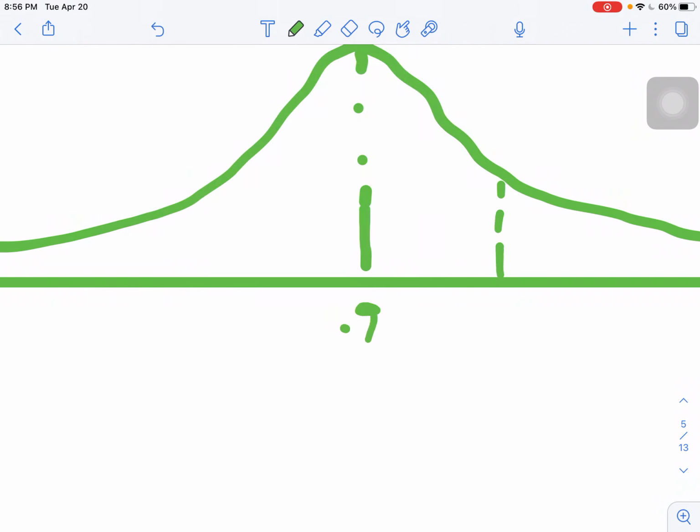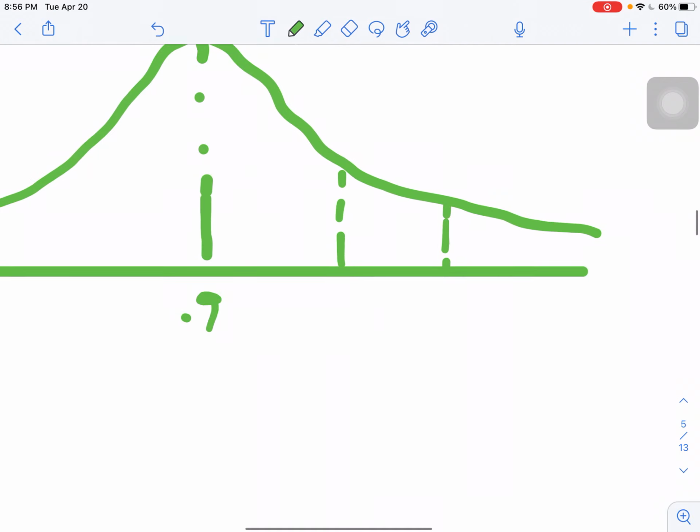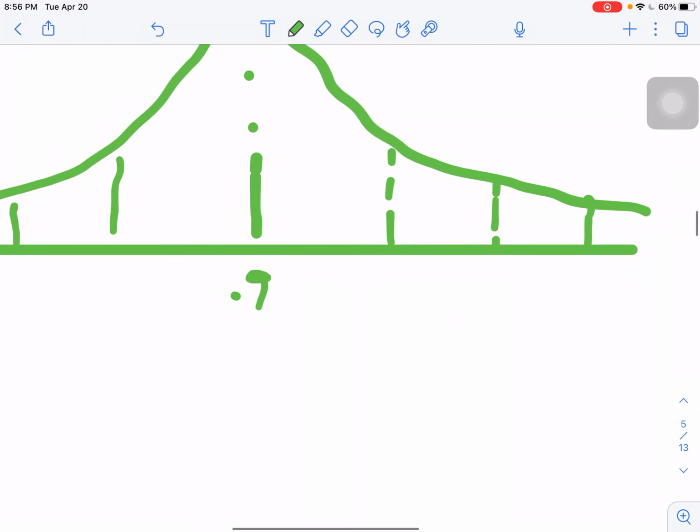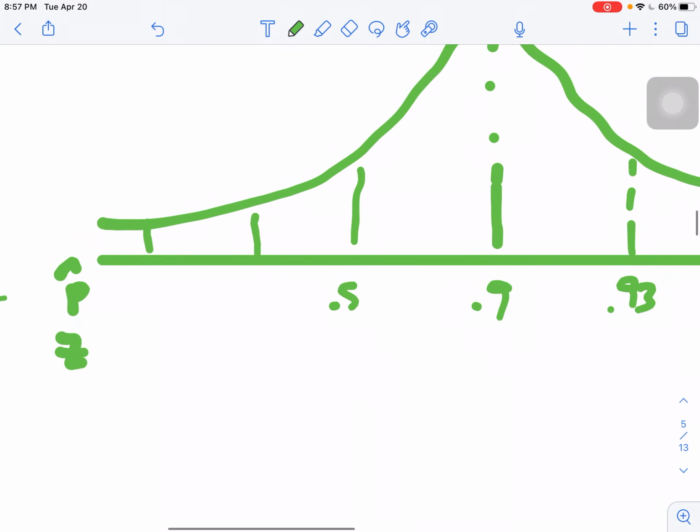And I'm going to be counting by 0.03, which was that standard deviation. So 0.93, 0.96, 0.99, going down, 0.87, 0.84, and 0.81. And then I'll put in those corresponding z-scores.